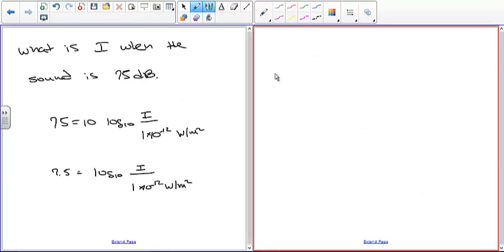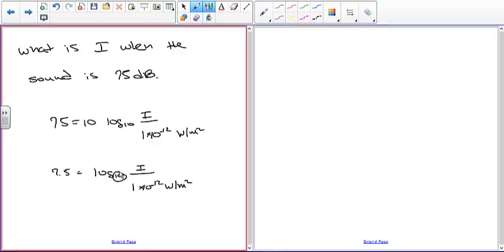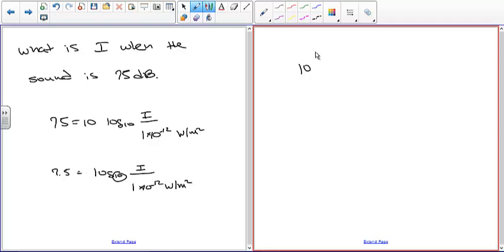And then to solve for I, you might think, oh, we take e to the 7.5, but you have to use the same base as the logarithm that's used here, so it would be 10 to the 7.5 power is equal to 10 to the log base 10 of I over 1 times 10 to the minus 12 watts per meter squared.